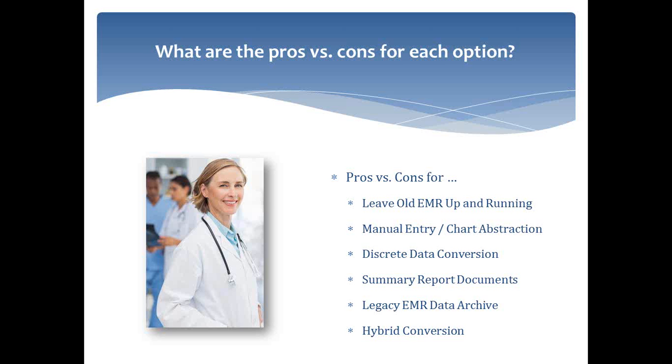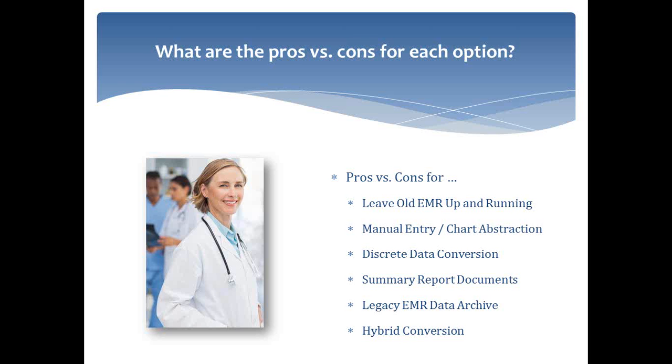So the legacy EMR data archive solution, that I talked about a minute ago, has a lot of pros to it. This is a way that, as I mentioned, the link out to archives can typically be built right into your target EMR there. So if you're on a particular patient, you may be able to just click a legacy data link that will bring up all of their historical information.